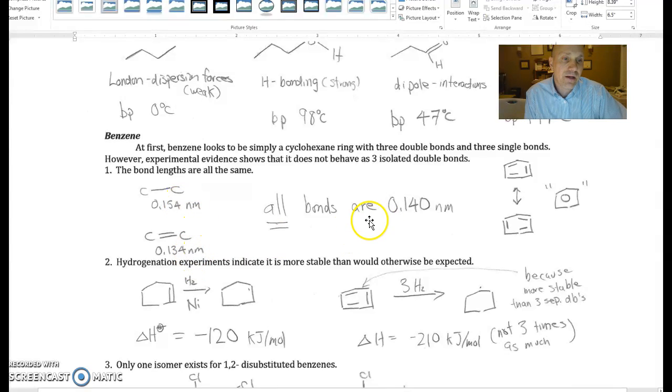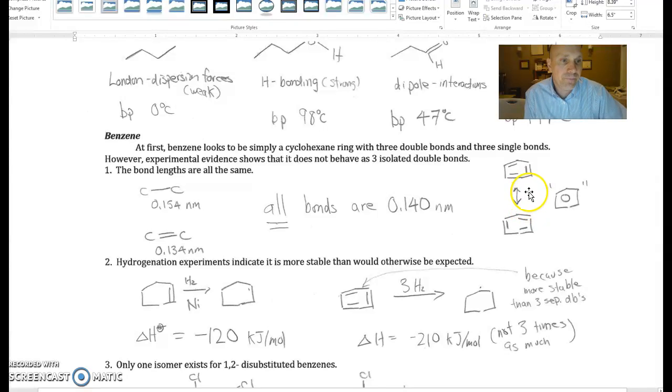So what that indicates is that with benzene, you've got something a little bit different going on. You have a situation where the bonds are somewhere in between a double bond and a single bond, and not only that, they're all the same. So even though you draw it like this, every single bond in this molecule is the same as any other.